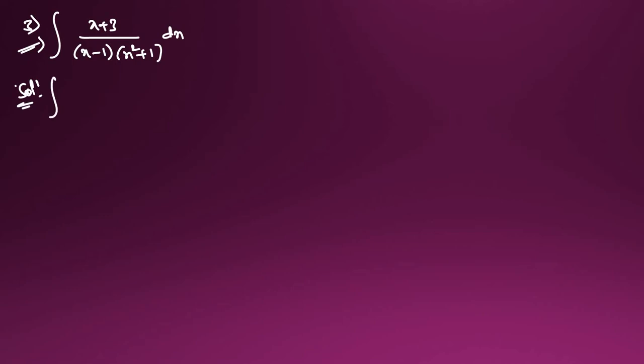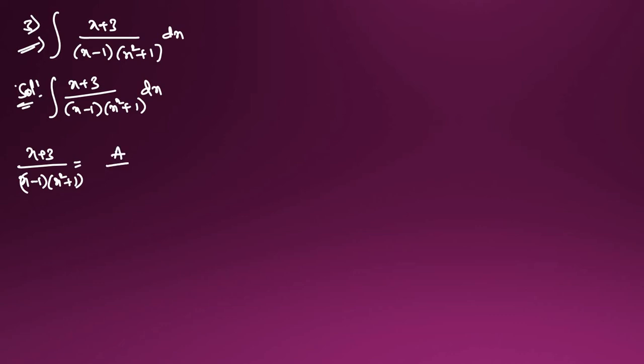The given question is the integral of x plus 3 divided by x minus 1 into x square plus 1, dx. So now we'll take x plus 3 divided by x minus 1 into x square plus 1 is equal to a divided by x minus 1, plus bx plus c divided by x square plus 1. Where x square plus 1 comes, we have to take bx plus c like this.